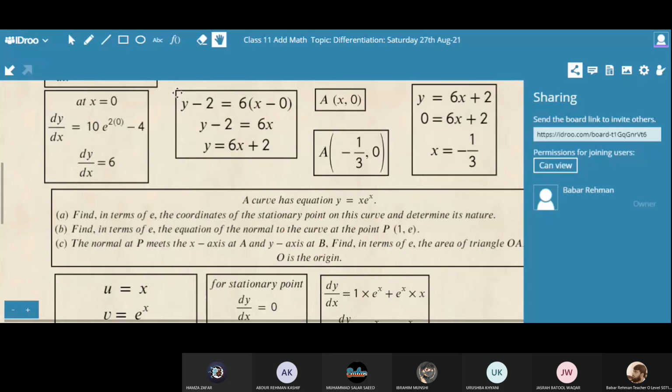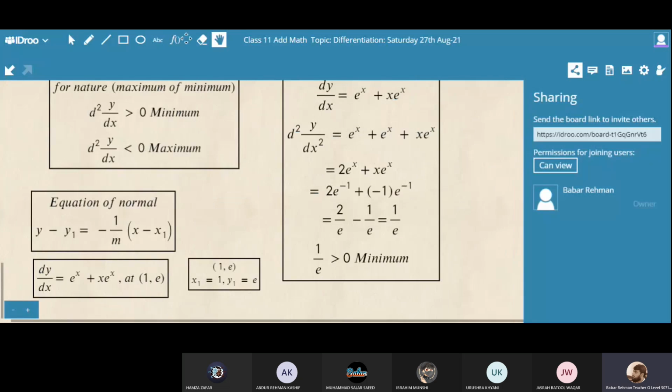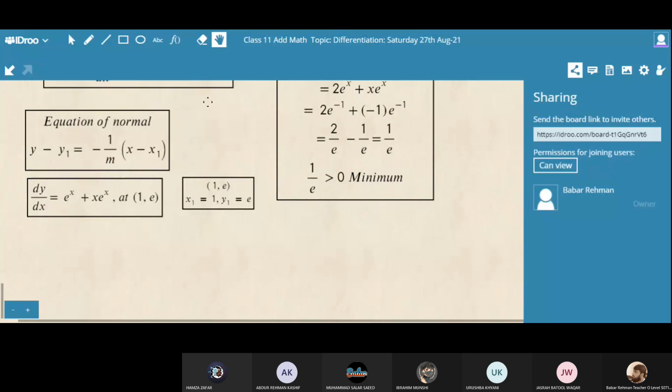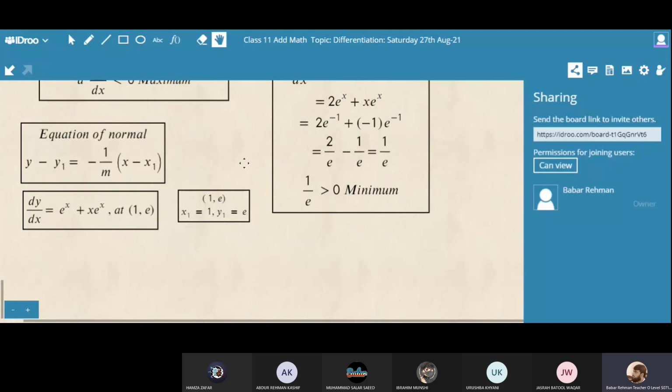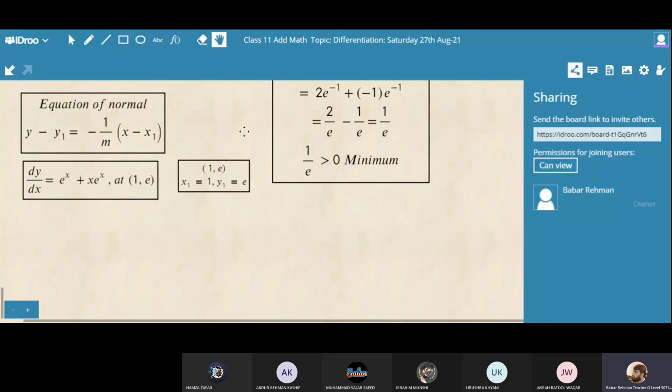Now I'm giving you 5 to 10 minutes to find the equation of normal to the curve at the point 1 comma e, and then we will talk about part C as well.